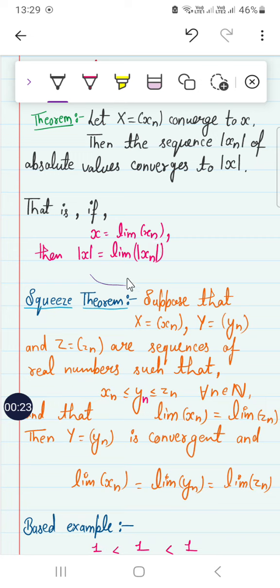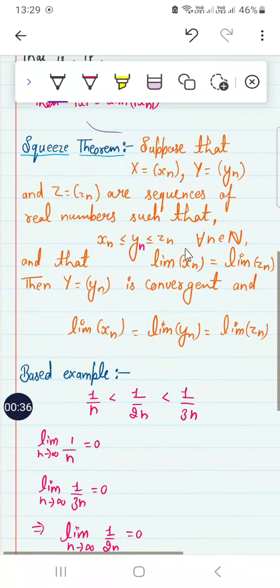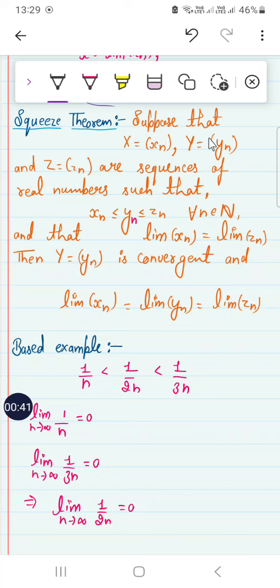Now the second theorem, which is the most important theorem: the squeeze theorem. Suppose that x equals xn, y equals yn, and z equals zn are sequences of real numbers.